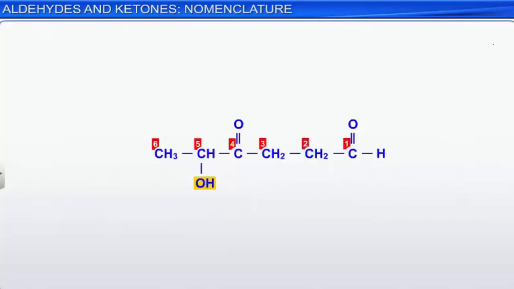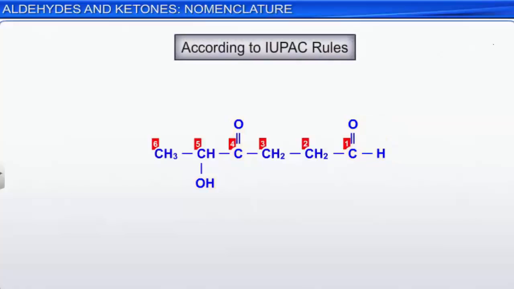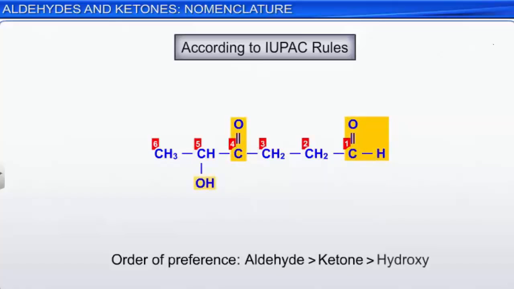According to IUPAC rules, as the order of preference while naming is aldehyde, ketone, and then hydroxy, the carbonyl functional group of the ketone and the hydroxyl group of the alcohol are treated as substituents. Hence, the IUPAC name is 5-hydroxy-4-oxohexanal.